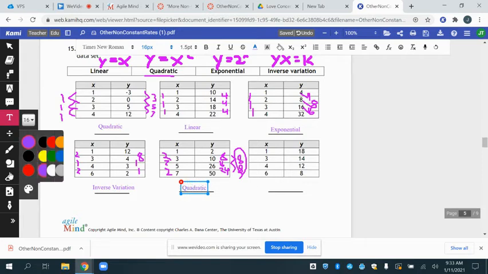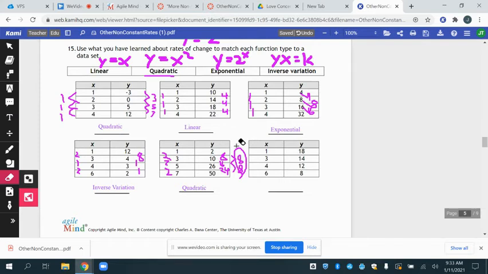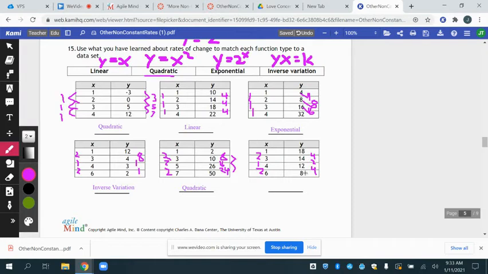Last one. We got 2, 1, 2. Okay. 18 down to 14, that's down 4. Down 2. And down 4. What type of graph is that? We should say -4, -2, -4.